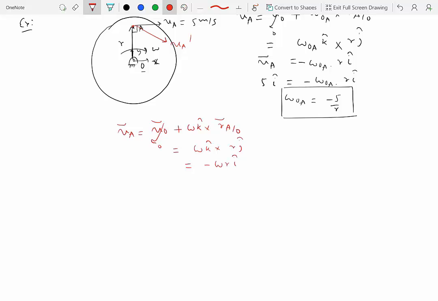So even if you don't know what omega is or what R is, it doesn't matter what their actual numbers are, you can clearly see that this quantity is pointing along the negative I hat direction if omega is assumed to be positive. If omega is assumed to be negative, then this quantity will be negative and this will be positive, so this is pointing along the I hat direction. So velocity of A, even if you don't know any numbers, is always going to be this way. There is no way it can be pointing in this direction. That will be an impossibility.